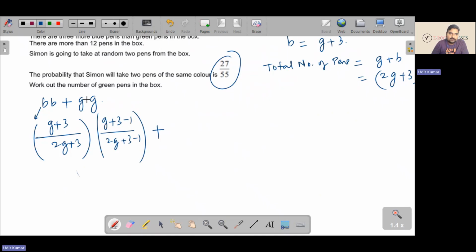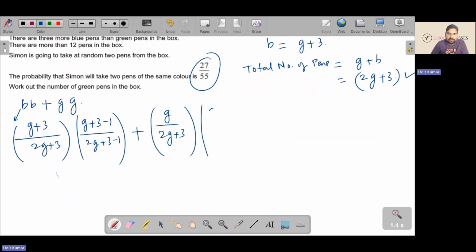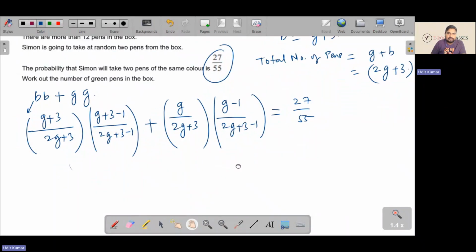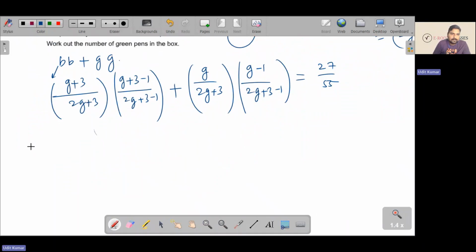Then plus, for the first green pen, it will be G divided by 2G plus 3, right? And for the next green pen, it will be G minus 1 divided by 2G plus 3 minus 1. And according to the question, this value is 27 divided by 55. So this is the equation. Now we'll solve this equation.